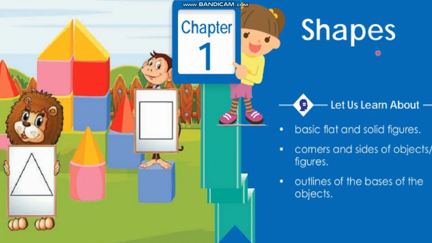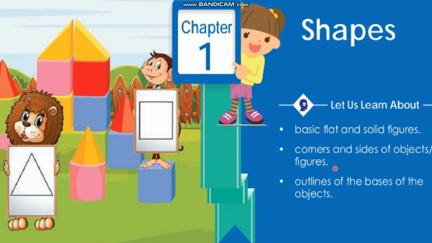Do you know shapes? Yes, all around us we can see the shapes, isn't it? The moon has a shape, the sun has a shape, our buildings have a shape, and everywhere we can see the shapes.